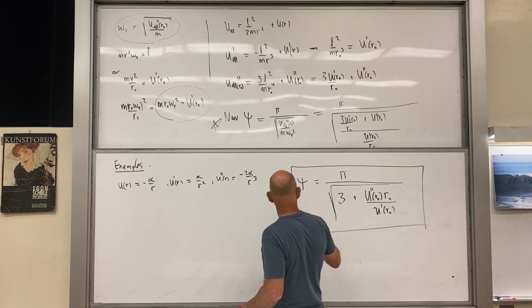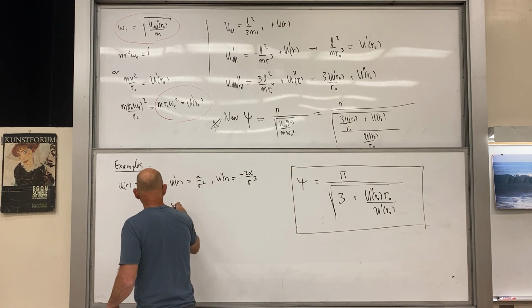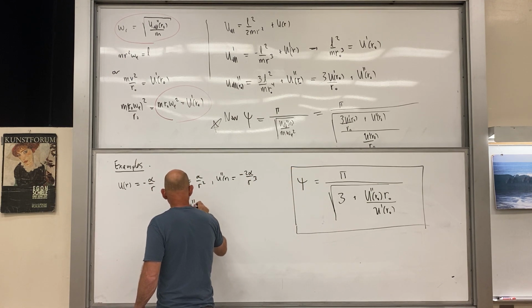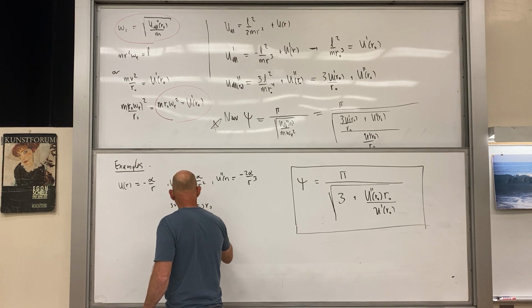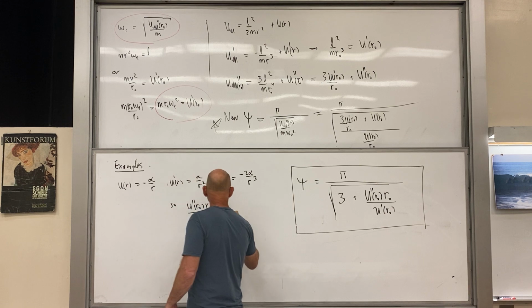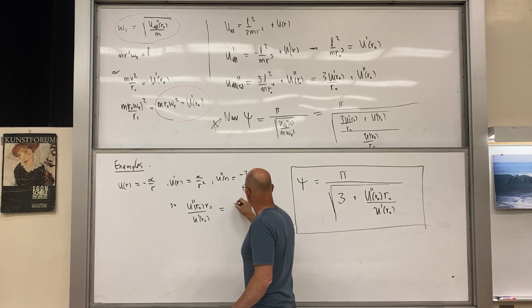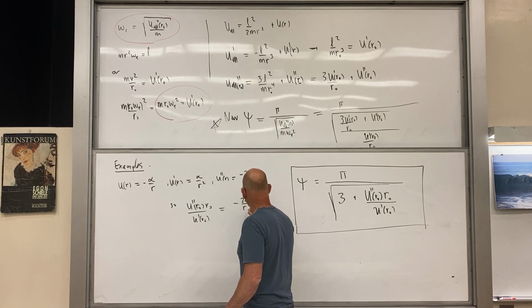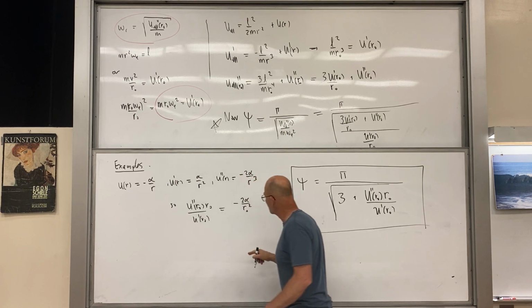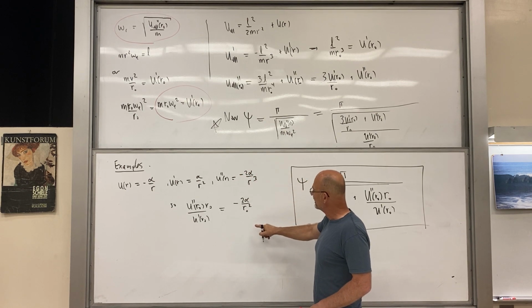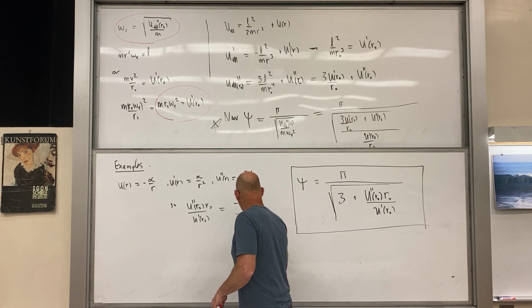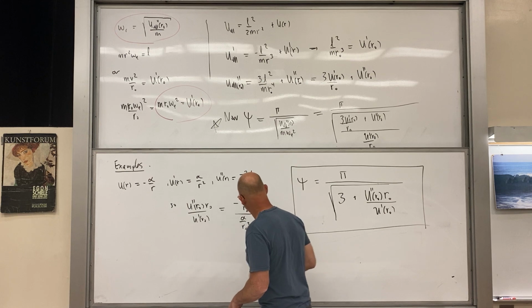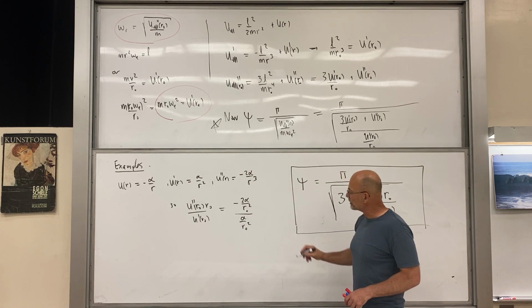So immediately we have u double prime of r0 times r0, that's going to be minus 2 alpha over r0 squared, multiply one of those out, divided by alpha over r0 squared, and we're just left with minus 2.